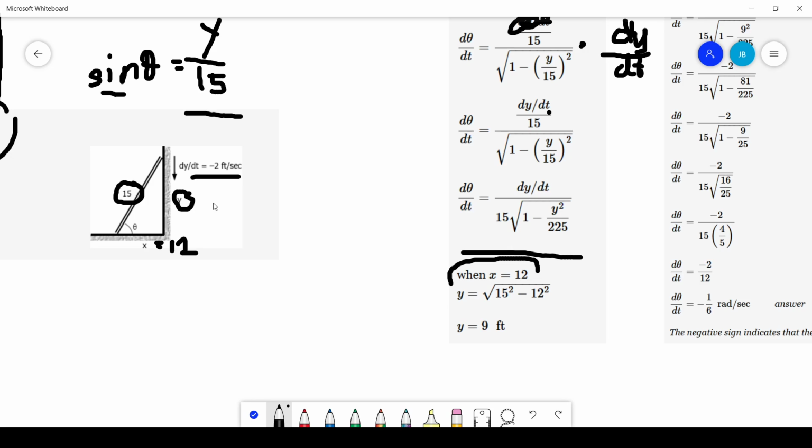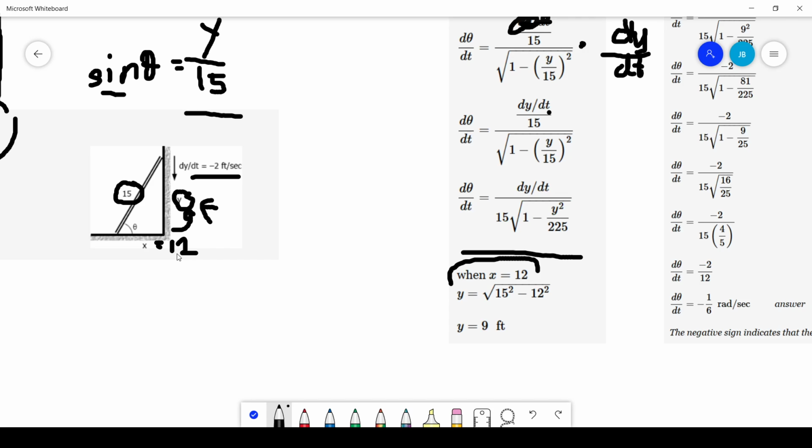So the y here is kaning katas on sa wall. Okay, so you just have the y is equal to the square root of 15 squared minus 12 squared. So your y is just 9. How's that nagikuha? That's in the Pythagorean theorem.